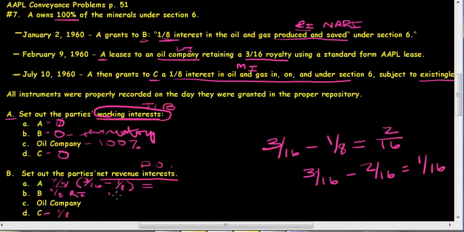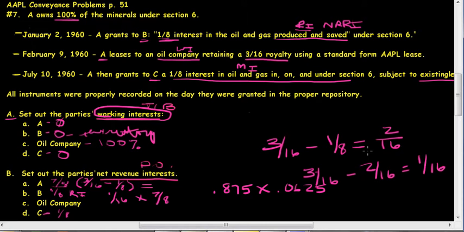So now we're going to take this 1/16 and multiply it times 7/8. If I divide 7 by 8, that's 0.875. So I'm going to say 0.875 times 1/16, which is 1 divided by 16, equal to 0.0625.